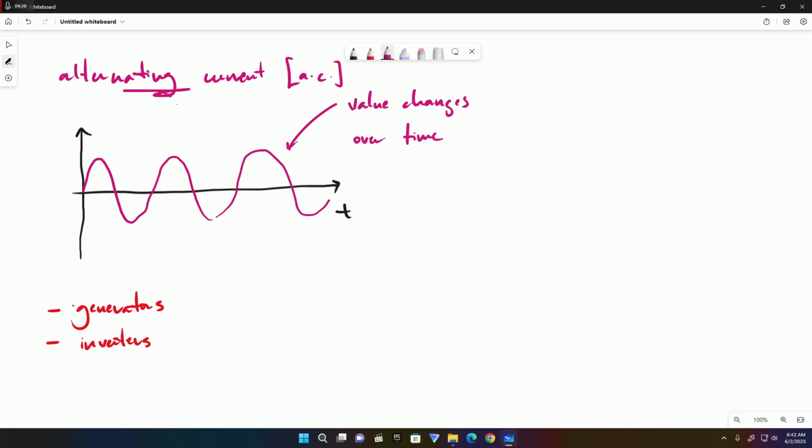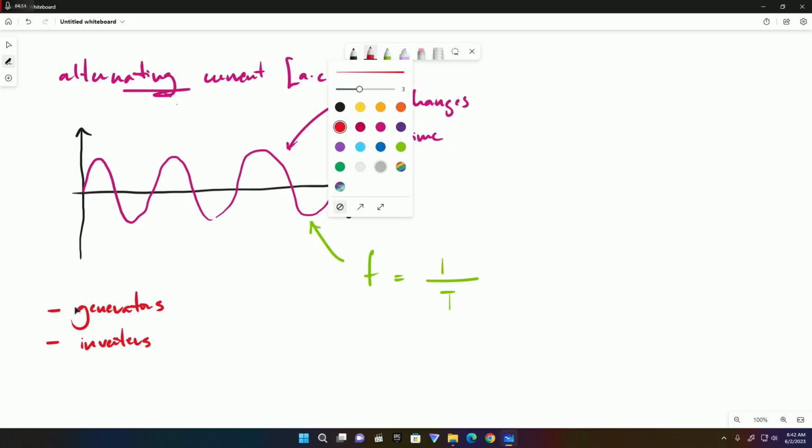Since this is an alternating periodic waveform, it has a frequency. Frequency is equal to 1 upon the period. And the definition is similar to the definition we had when we were looking at waves.